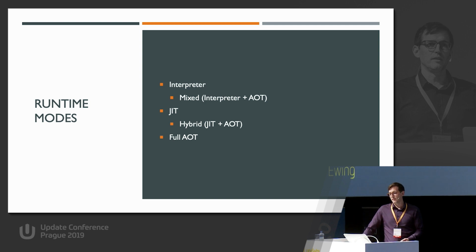There are also combined runtime modes that Mono supports now, which are mixed mode and hybrid mode. It's mixed AOT and hybrid AOT. The idea is some of your methods can be interpreted and some of them can be AOT'd, and there are good reasons for that we'll cover a little bit, and the same with the JIT. Now, because it's very difficult to modify our own code, we don't currently support any sort of JIT in WebAssembly.